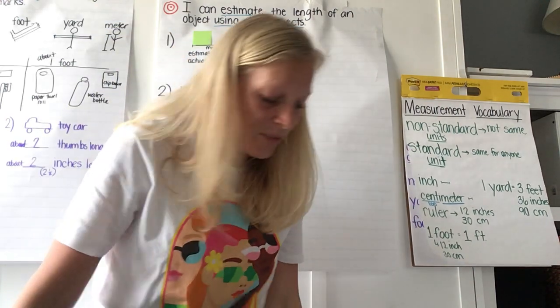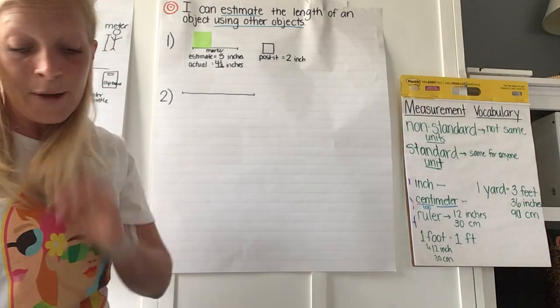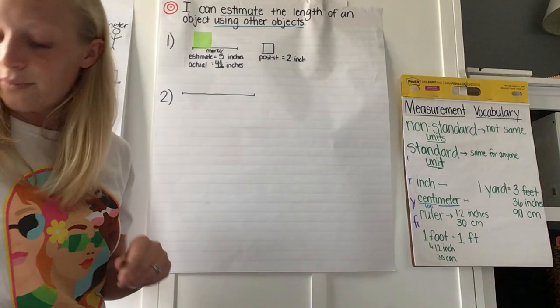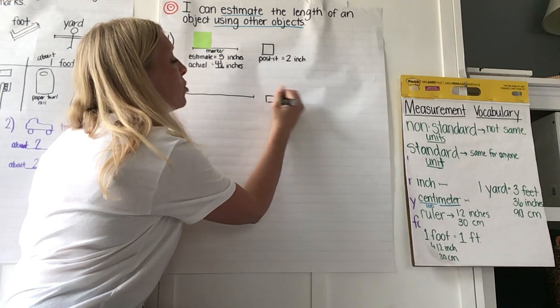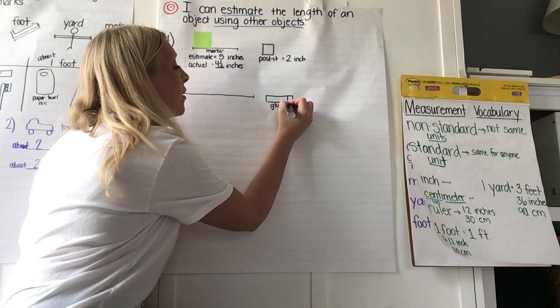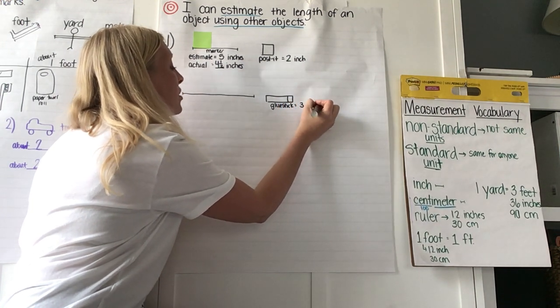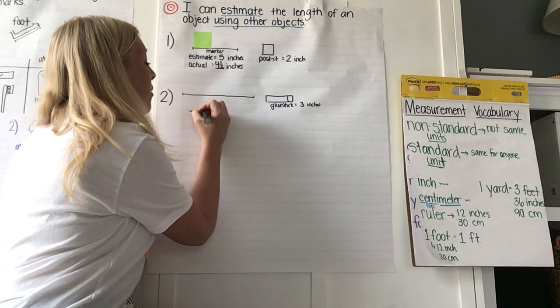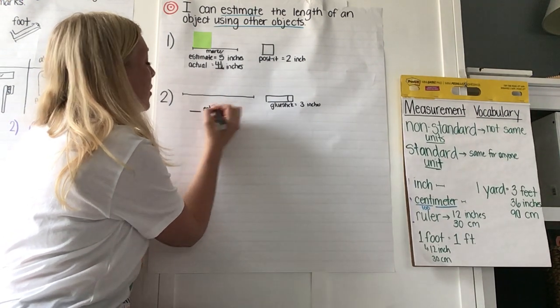My glue stick is gonna be my object that I use to make an estimate. Okay? So, my glue stick is my tool. Glue stick equals 3 inches. Close, about. Now, I did that the wrong way.